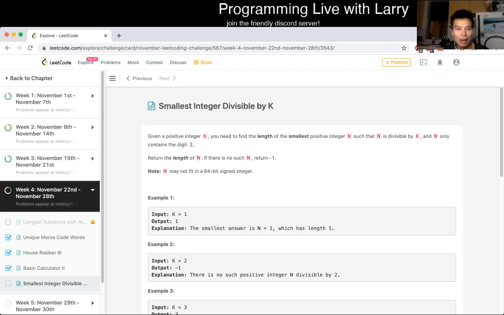In base 10, what numbers are divisible by 10? Any number that has a 0 at the last digit. And in binary, what numbers are divisible by 2? All those numbers will have a 0 at the end.